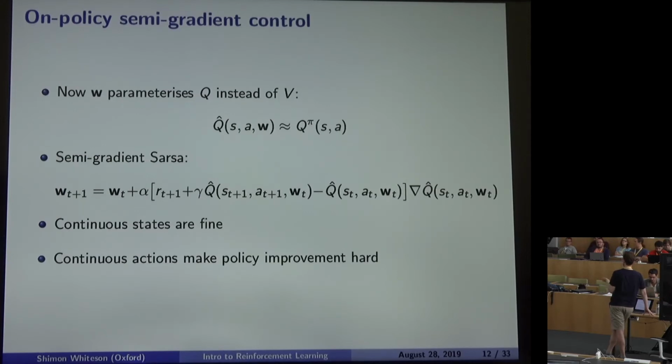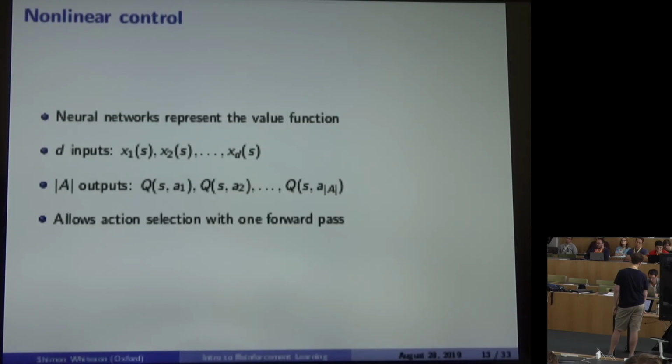If we have a continuous action space, then maximizing with respect to the action space is itself a hard optimization problem, and the tools we've learned about so far will not get us there. But in the next lecture, which will start either at the end of today or tomorrow, we will talk about policy gradient methods, and policy gradient methods are designed to tackle exactly this difficulty. But for now, we can cope with continuous states, but not continuous actions.